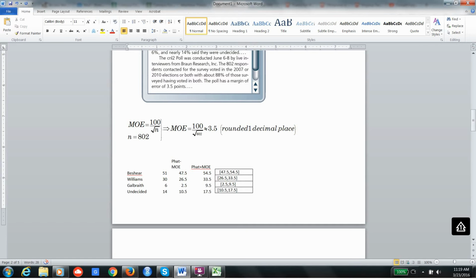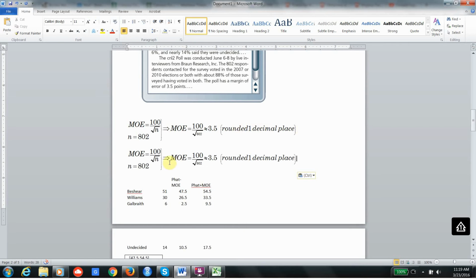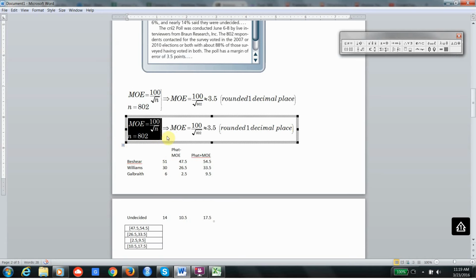Let me go ahead and just put in the formula for the confidence interval real quick. So we say that the 95% confidence interval is equal to p hat plus or minus the margin of error. We're just expressing this in interval form. This is just a shorthand way of writing that formula.